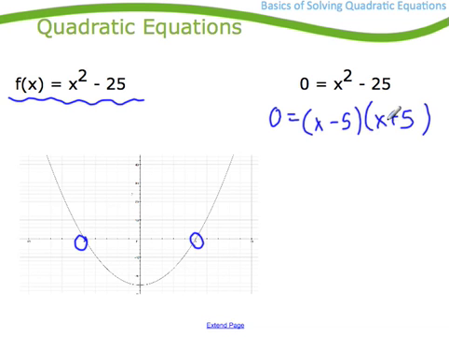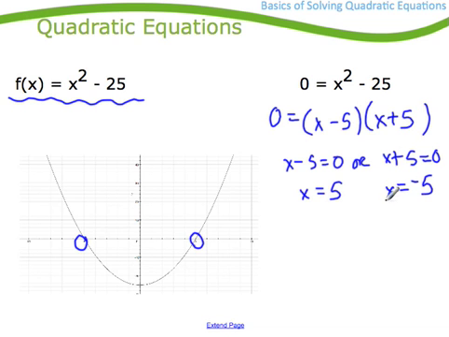If I have two things that multiply together to give me 0, one of them has to be 0. So x minus 5 is equal to 0, or x plus 5 has to be equal to 0. And of course on this side I'll get x equals 5, and on this side I'll get x is equal to minus 5. So the solutions to this quadratic equation are 5 and minus 5.